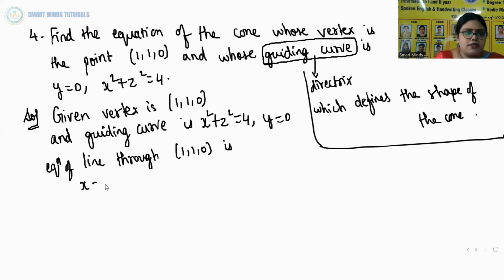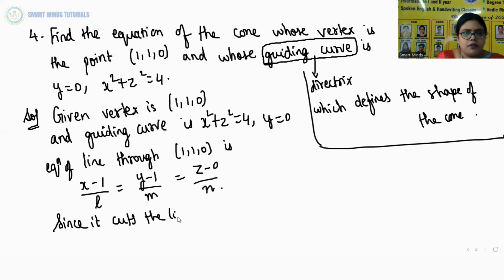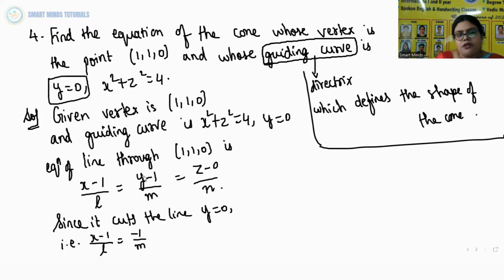So x minus 1 by L is equal to y minus 1 by M is equal to z minus 0 by N. Now since it cuts the plane y is equal to 0, we substitute y as 0, so 0 minus 1 will become minus 1 by m is equal to z by n.